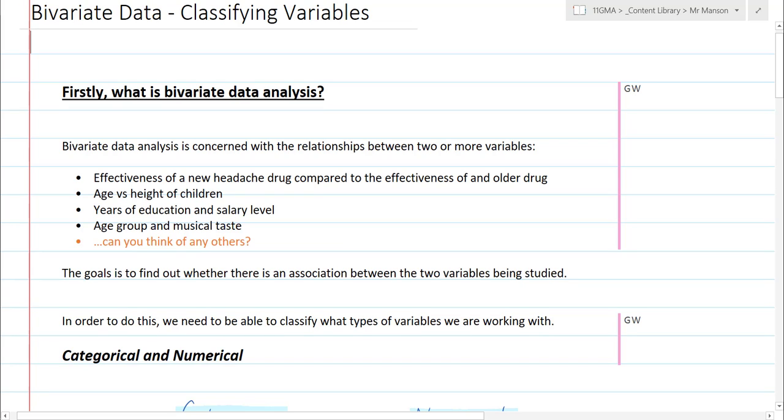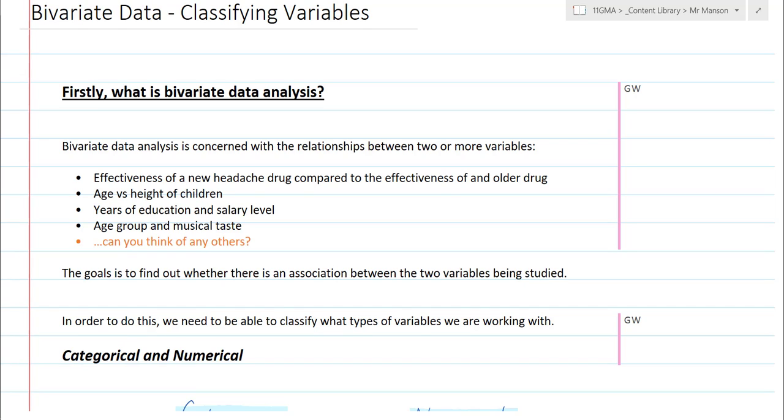So a couple of things that you need to be aware of. Firstly, bivariate data. Bivariate has the bi at the start, bi, which means 2. So when we talk about bivariate data, we're talking about comparing 2 variables. When you did a topic earlier this year, possibly, or you did a catch-up topic in term 3 on univariate data, univariate data was all to do with 1 variable.